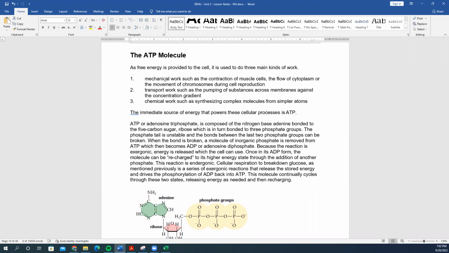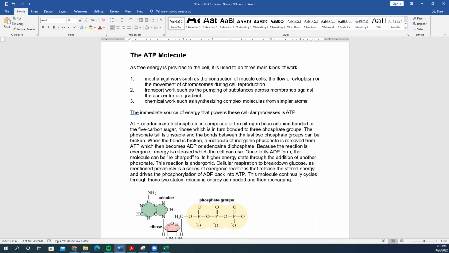Those are all mechanical work. And the free energy that is provided in the form of the ATP molecule can be used up for those types of processes. There's also transport work, such as pumping of substances across the membrane against the concentration gradient.